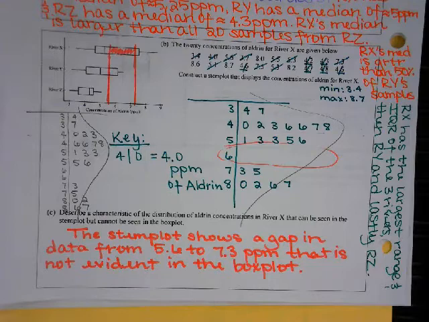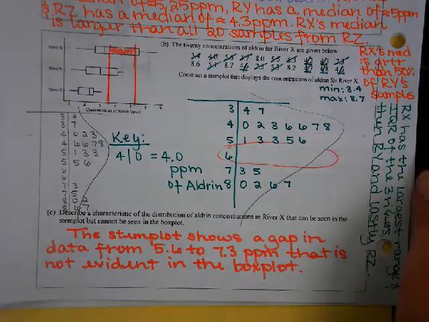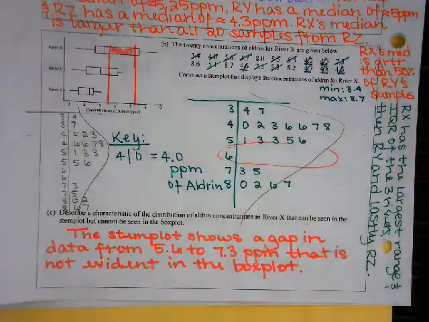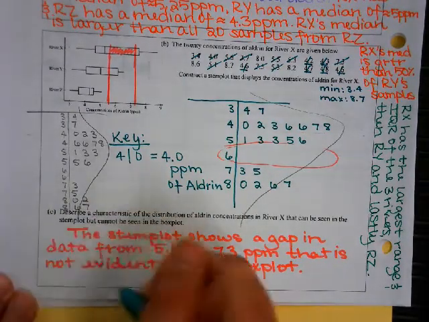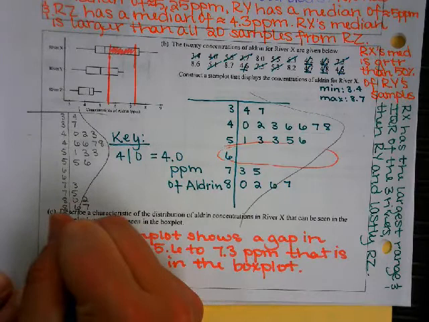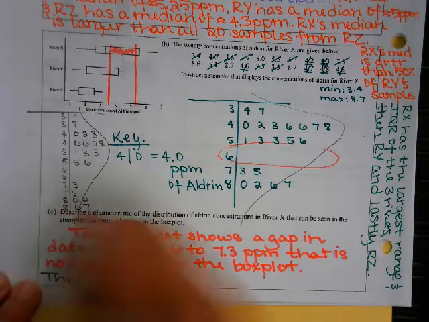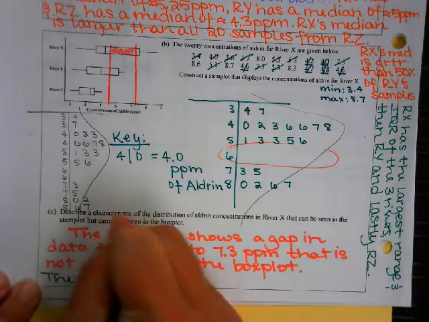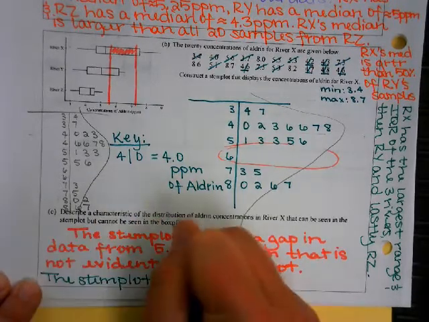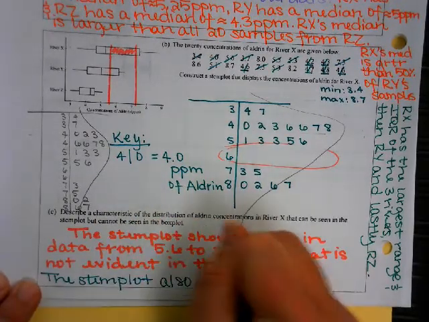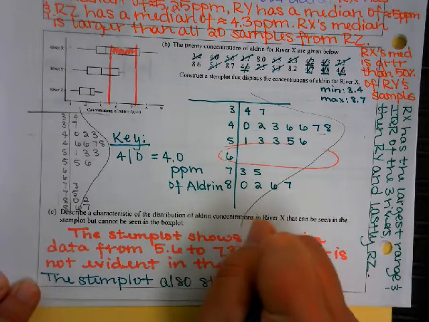So the stem plot also shows that river X's distribution is unimodal.